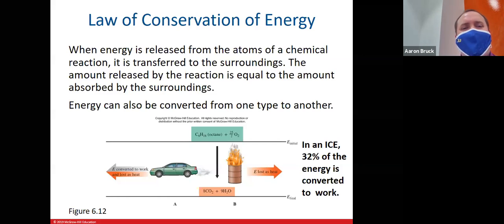So if something gains energy, that energy had to come from somewhere. Something else is losing that energy. And if something gives energy away, that energy has to go somewhere. In broad scientific terms, we use the word surroundings to describe that somewhere.